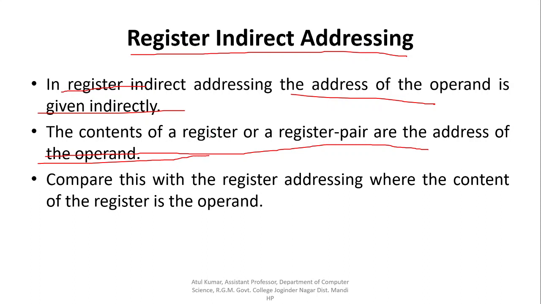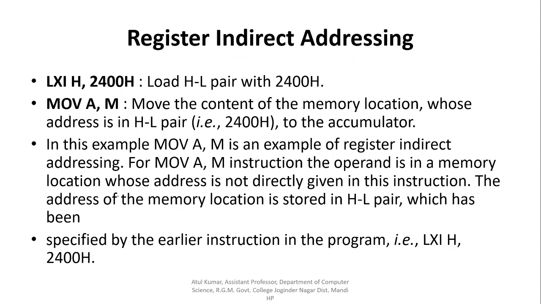Same here, the register does not contain the operand, but it contains the address where the operand is stored. Compare this with register addressing, where the content of the register is the operand, whereas in this case the content of the register is the address where the operand is stored. So this is the example of register indirect addressing mode.